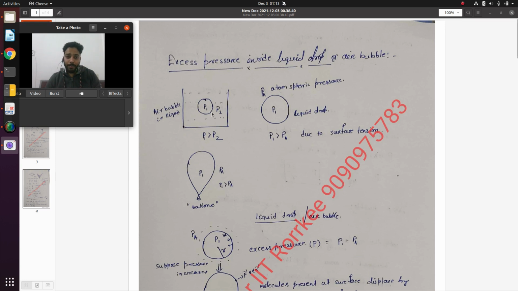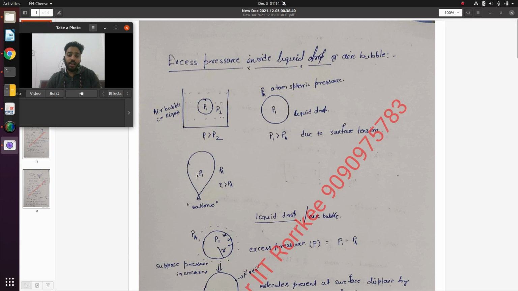You can see why P1 is greater than P2 by this example. This is a balloon. The pressure inside this balloon is P1 and the outside pressure is the atmospheric pressure Pa. Suppose you just open this balloon at this end, what happens? Air from inside the balloon comes outside.